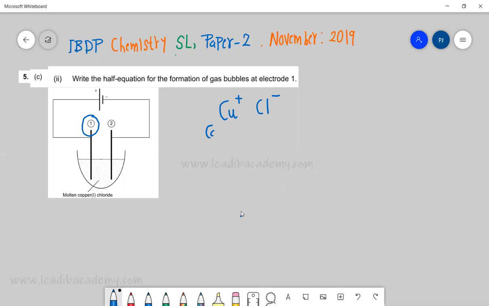This is the cation, positively charged, and this is the anion. Anions are going to get attracted towards the positive terminal, that means electrode 1.